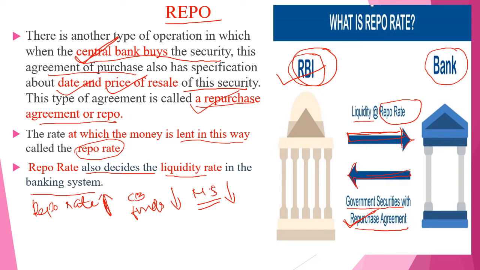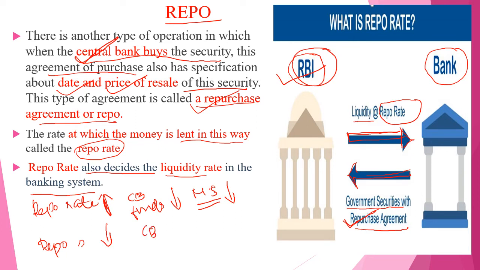When the repo rate decreases, we can compare with our situation. If you want to take a loan from a commercial bank and the interest rate is very low, that encourages people to take a loan. In the same way, when the repo rate is very low or decreases, that encourages commercial banks to take loans from the Reserve Bank of India.